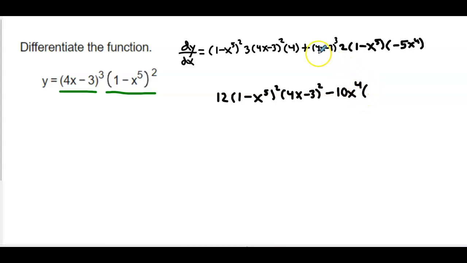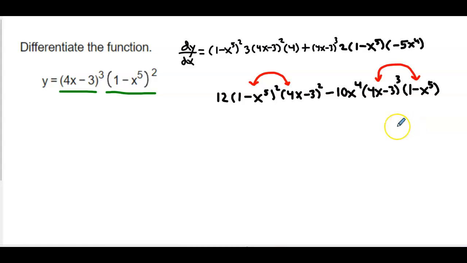And then we still have this 4x minus 3 cubed and 1 minus x to the fifth. This would be sufficient as an answer here. It's even possible, depending on how you interpret the product rule, that you might have one or both of these factors rearranged within the terms.